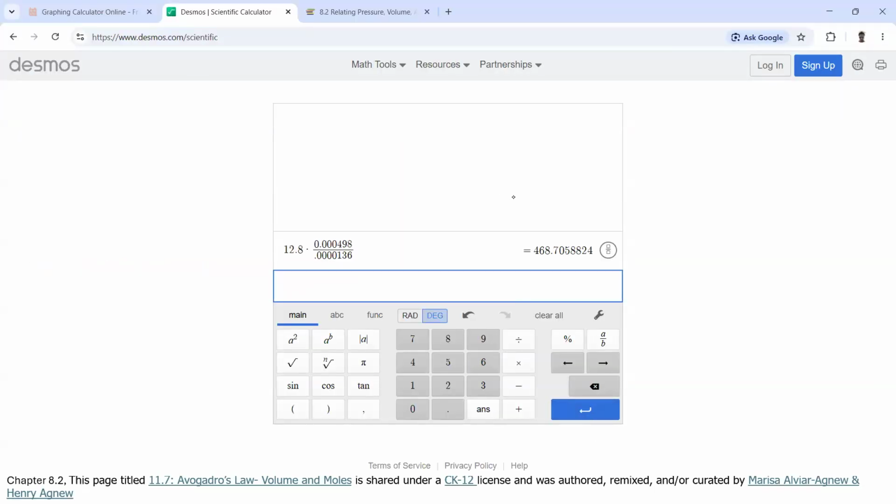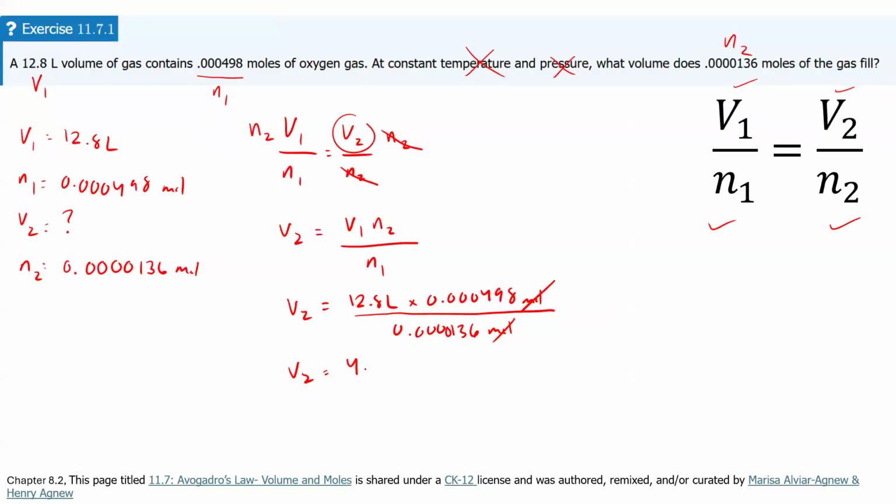All right, 468.7. That's definitely not right. All right, so let's figure this out. Oops, I switched those. I switched N2 and N1, so we have to do that over.